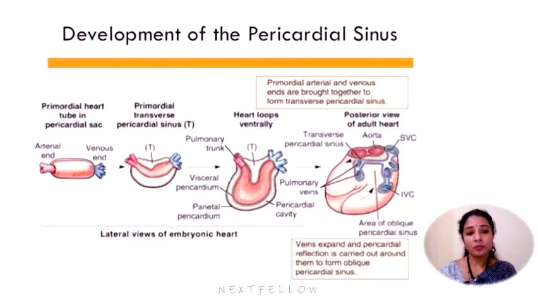Initially the heart tube will be ventral to the pericardial cavity. Later it forms the roof of the pericardial cavity and gets folded into it. You can see it bulges into it and gets looped, the cardiac loop, forming a complete heart. So this is all about the development of the pericardial sinus, that is the pericardial cavity, how it forms, and the development of the pericardium.